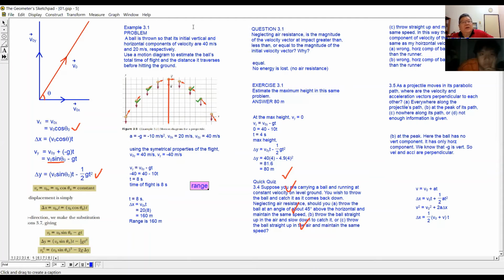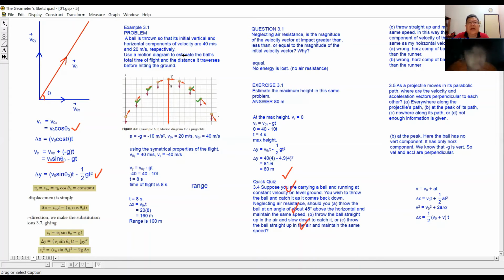Okay, so now coming back to the problem, right? The ball is thrown vertically 40 and horizontally 20, right? We are given the components instead of the angle of projection. Never mind, we just accept it. Acceleration is negative g. In this problem they use negative 10 meters per second squared, because they ask us to estimate.